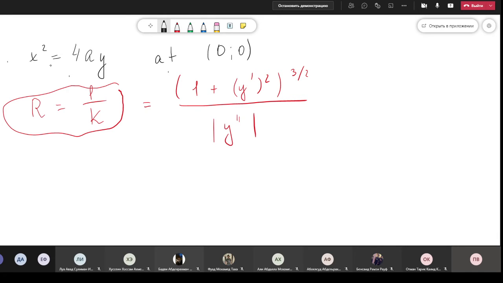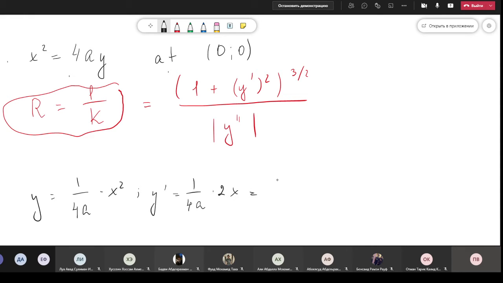Our curve x squared is 4ay. It means y is 1 over 4a times x squared. It's our curve. And find y prime and y2 prime. Y prime is 1 over 4a, which is constant, just rewrite, and the derivative of x squared is 2x.